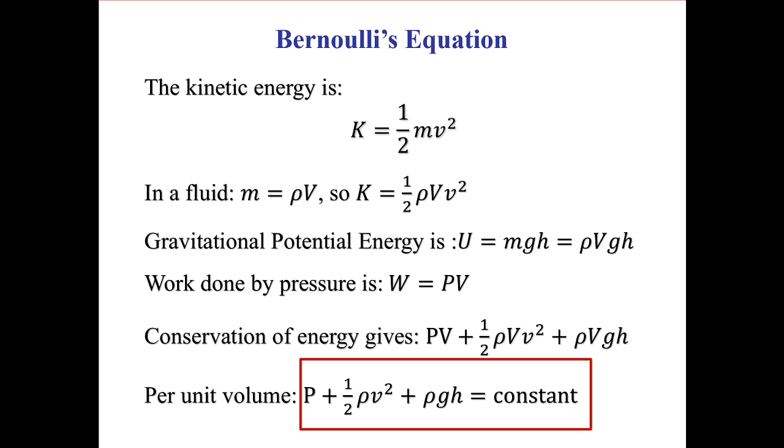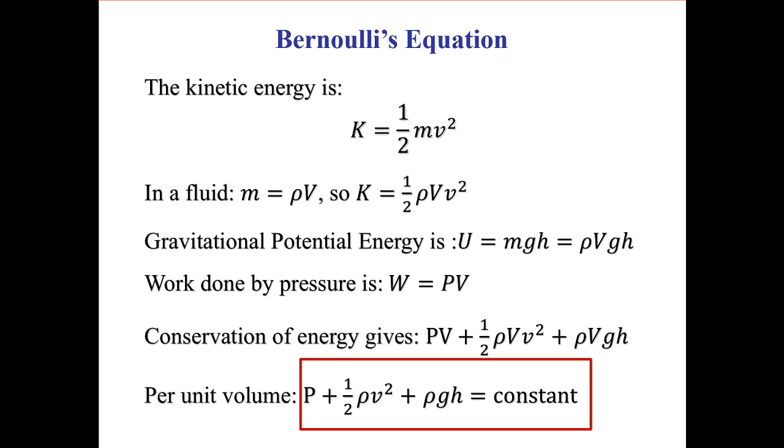For gravitational potential energy, we've kind of already done this. Potential energy is mgh, so the potential energy of a fluid is the density rho times volume to give us the mass, and then multiply that times g and by height. So we get the potential energy is rho times volume times g times height.